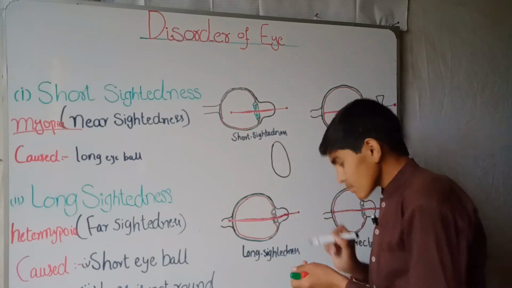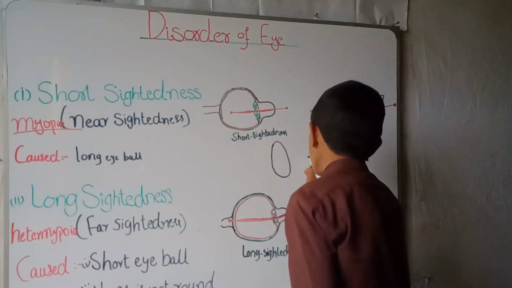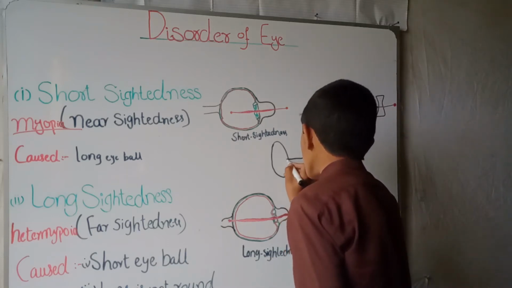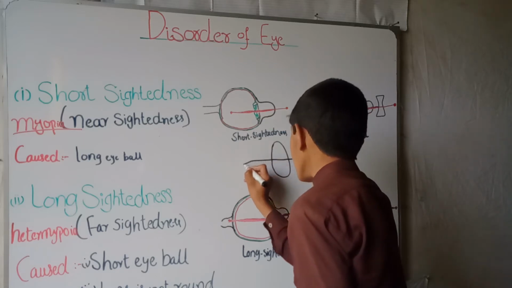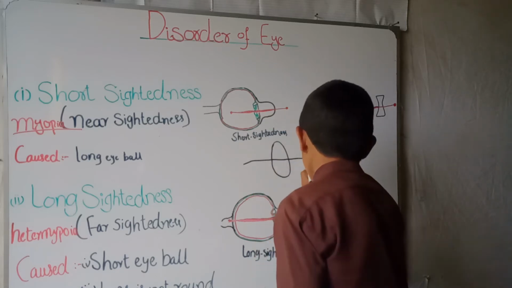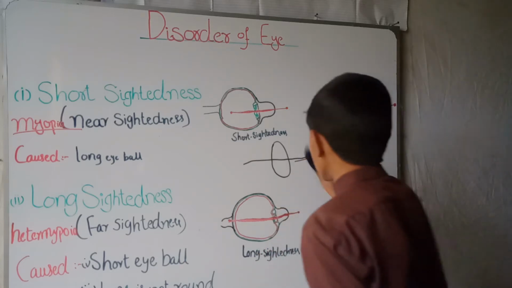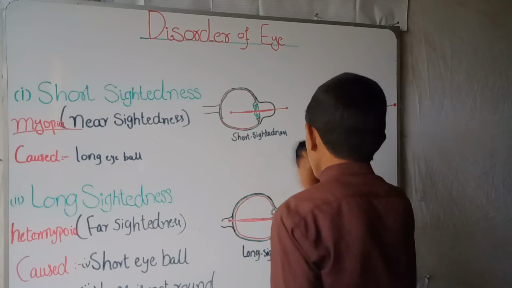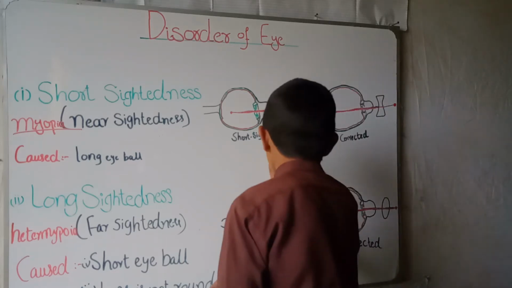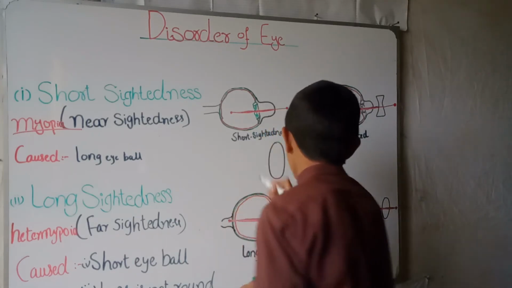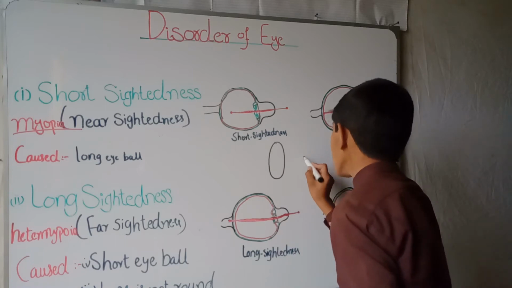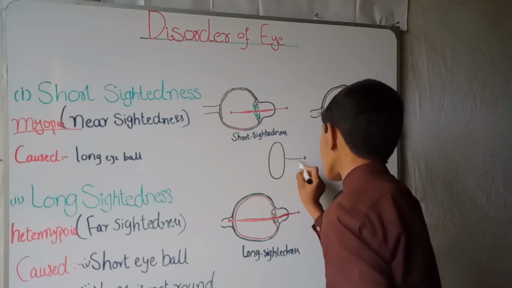So when the light ray is coming like this, okay, this is a lens, so the light ray is coming like this structure.